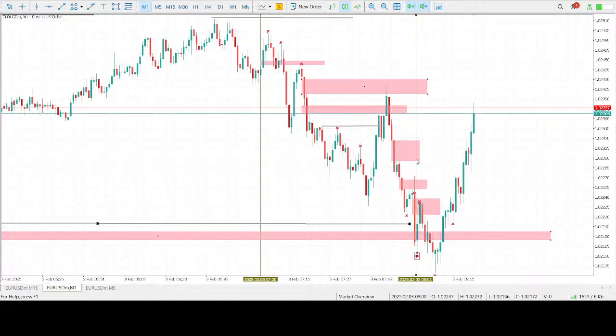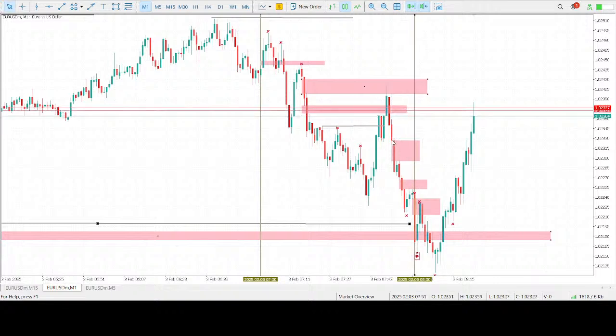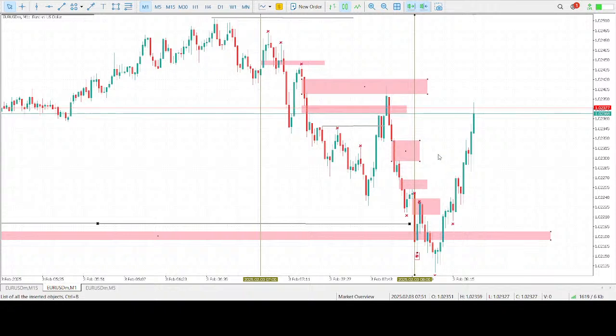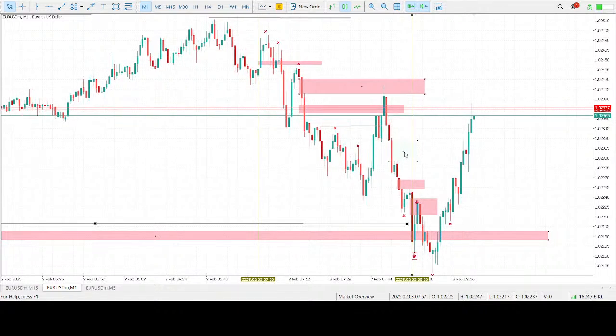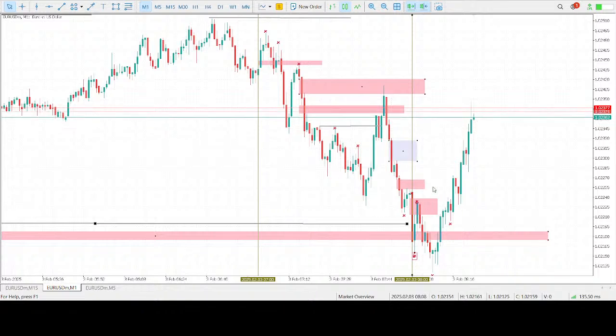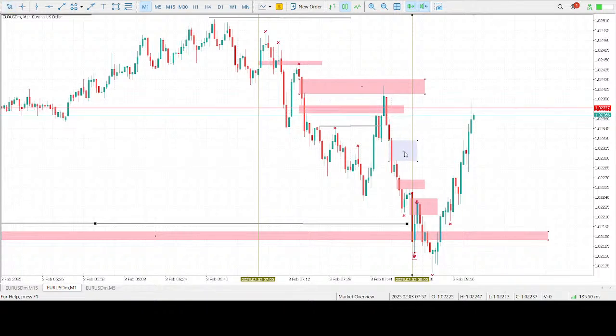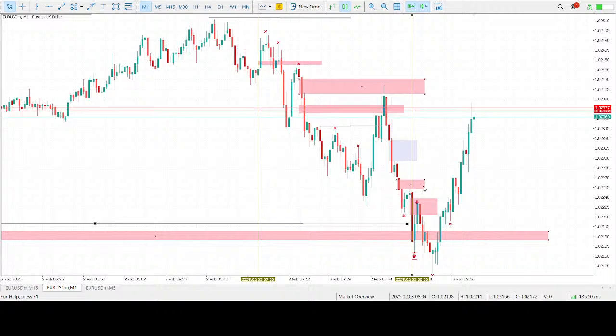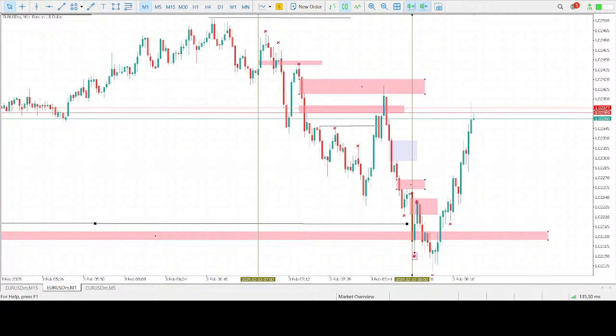I will just lighten this up a bit so we can look at the other price level now. So I just want to change this so that we can now start to focus on the buy side.